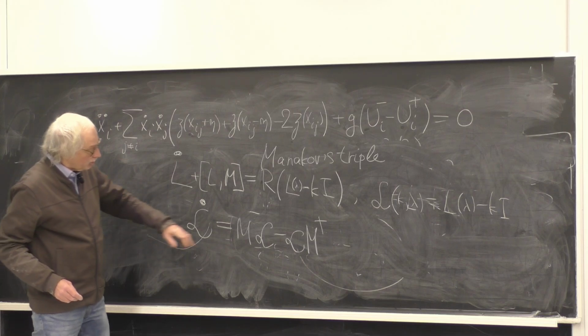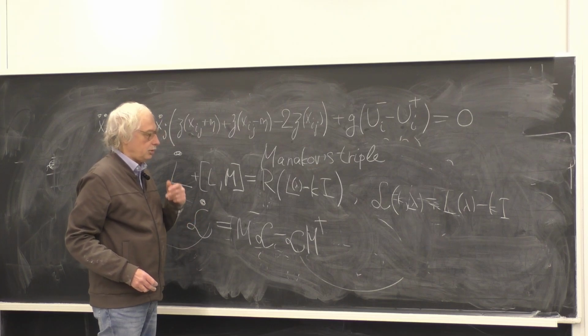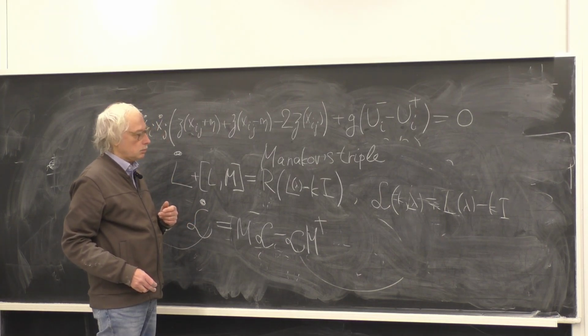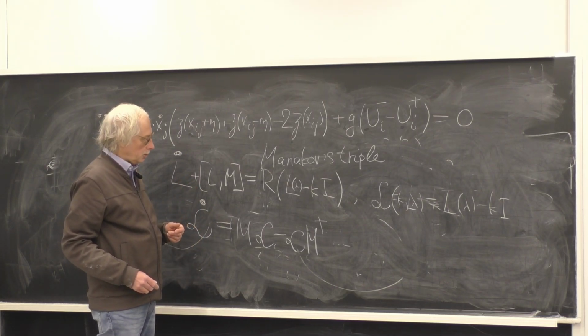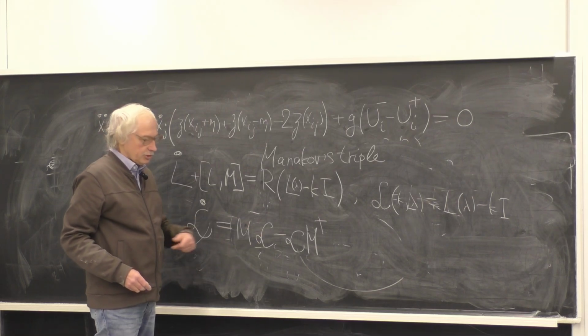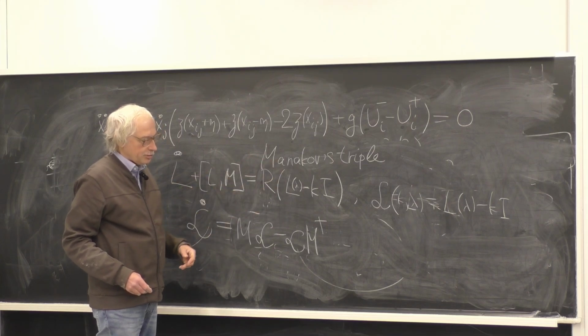In Lax representation, they are equal. And we can conclude that the evolution is isospectral. Now it is not isospectral. So the eigenvalues don't conserve.